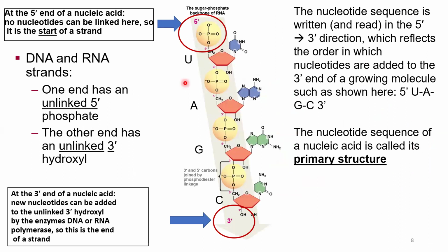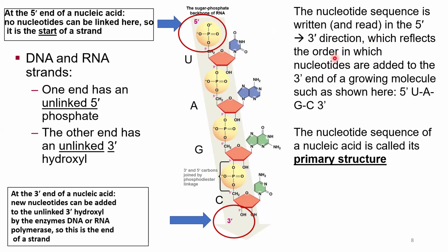So now what we have is the DNA and RNA having one end that is unlinked, 5' here, and the other end here has the 3' that goes unlinked. The sequence itself is written and read in the 5' to 3' direction.